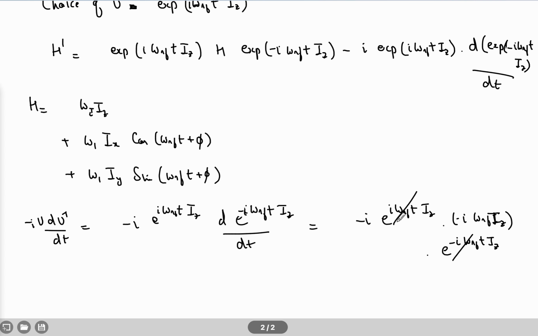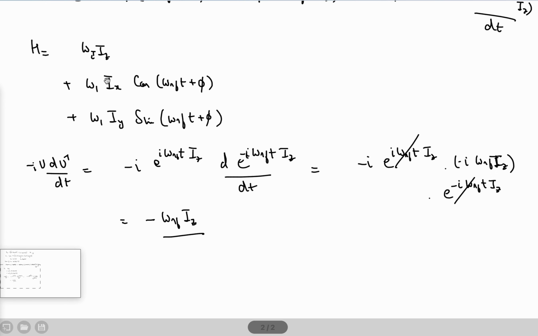This is inverse, so it gets cancelled. I'm left with minus into minus plus, and then I have i squared, which is negative. So minus omega RF Iz, right? So this portion gives me minus omega RF Iz, which will go here.